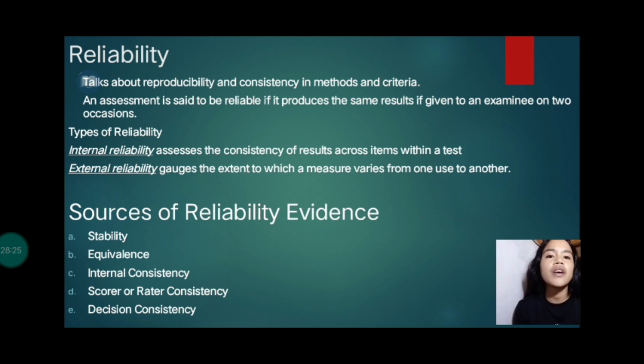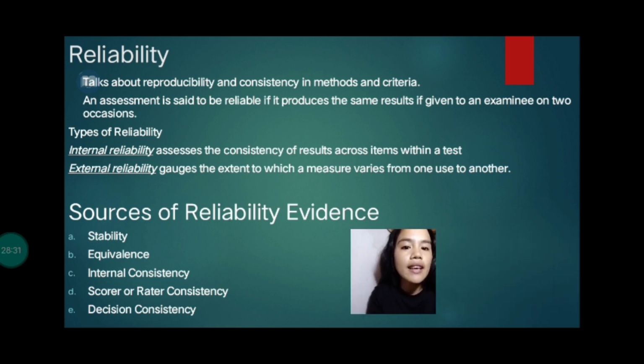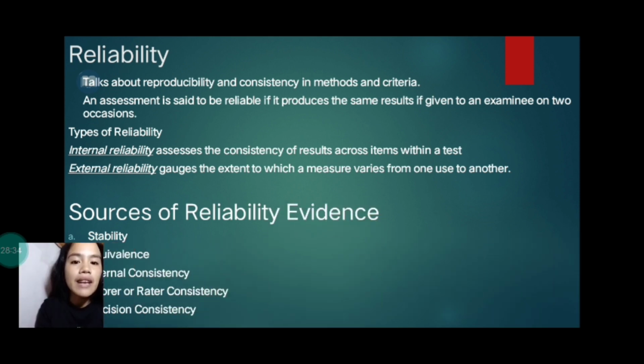There are types of reliability: internal reliability and external reliability. Internal reliability assesses the consistency of results across items within a test, while external reliability gauges the extent to which a measure varies from one use to another.